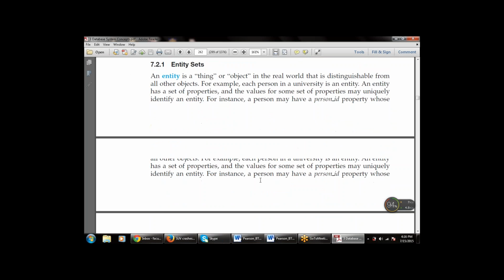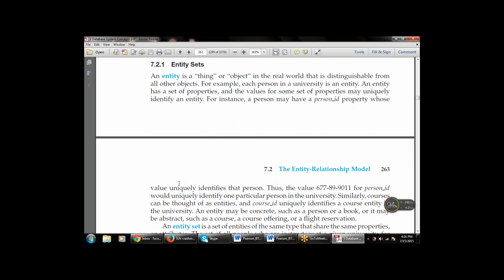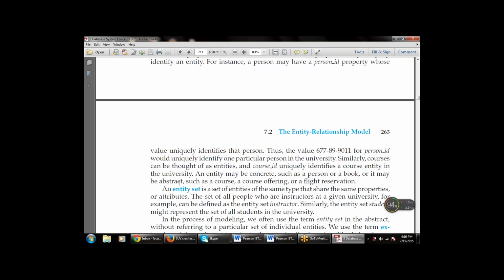For example, a person may have a person ID property whose values uniquely identify that person, and that is the primary key.